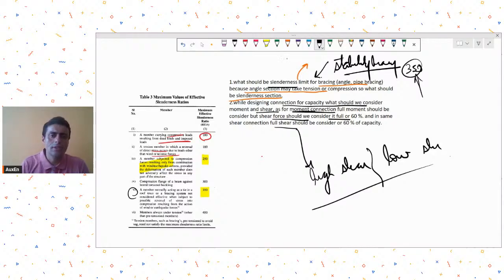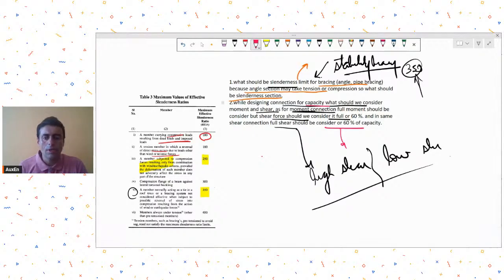But let's say you have chosen to design it for the full capacity. I again will not suggest you go for the full shear capacity, because it's very rare to see the structure getting stressed in shear and moment both to the full limit. In my opinion, the chance is very rare that you get high shear, meaning shear nearing the full capacity and moment also nearing the full moment capacity. That combination is very rare.